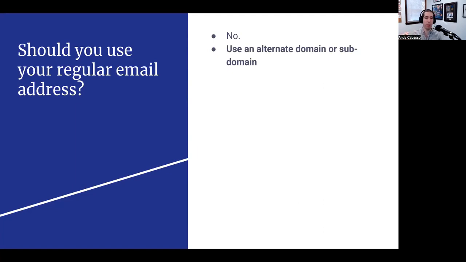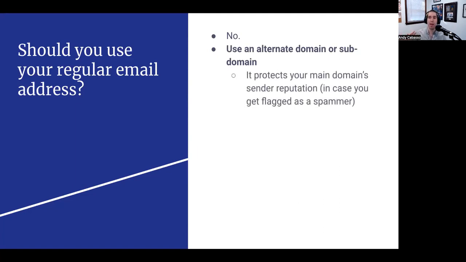Now, the subdomain thing is interesting because it's not what a lot of people necessarily recommend, but I'm going to talk a little more about it further. Using an alternate domain or a subdomain protects your main domain's sender reputation.